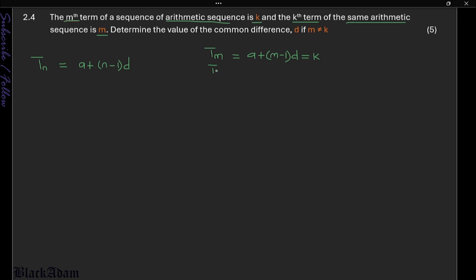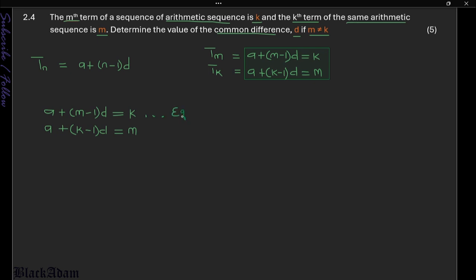And for the other one, we have Tk is equal to a plus open bracket k minus 1 close bracket multiplied by the common difference d, which we are told is m, and m is not equal to k, so we can't equate them. So we take a plus m minus 1 times d is equal to k, and then a plus k minus 1 multiplied by d is equal to m.